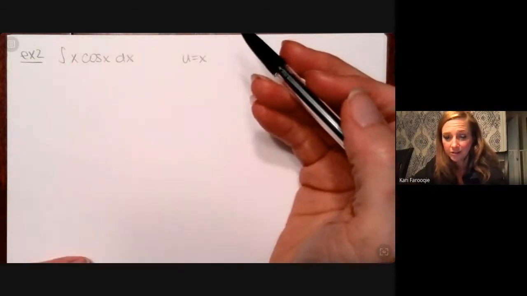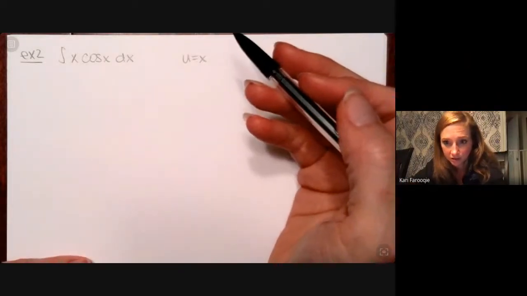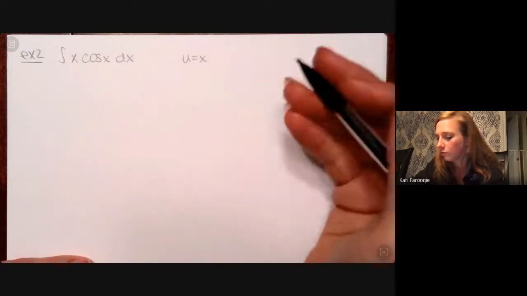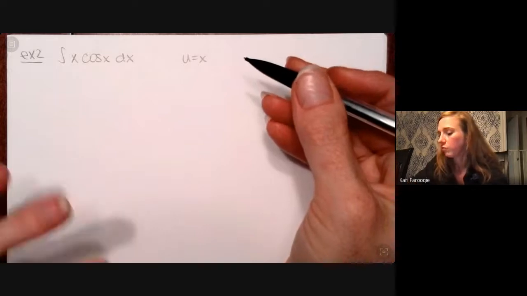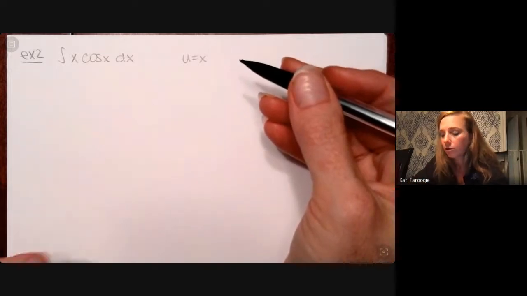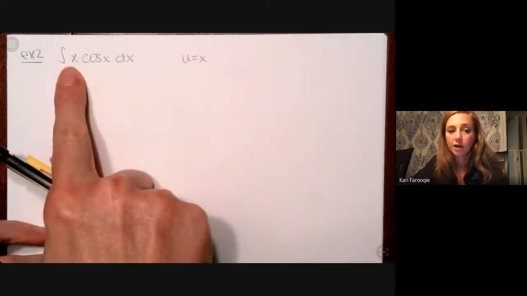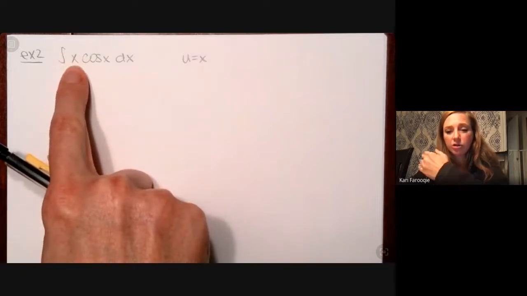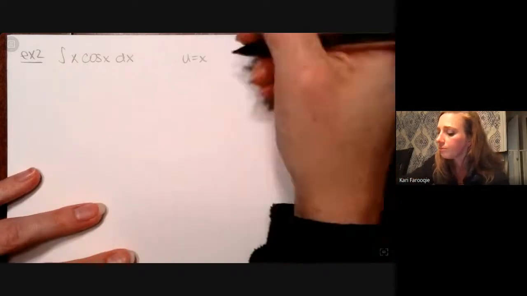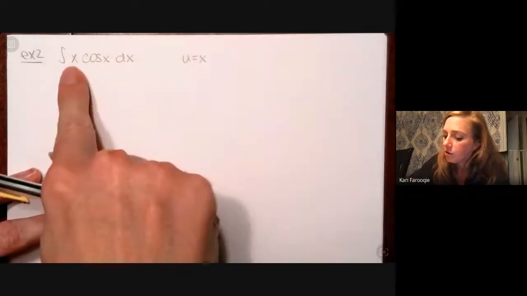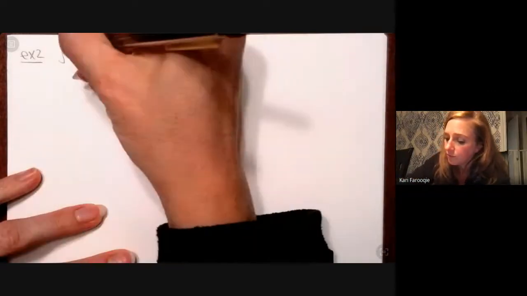It's not really any simpler. It's just going to be this cyclical situation, which you're going to see in a few minutes what we're going to do with a situation where we have no choice when we have functions that are cyclical. But in this case, we have an option here where a function has derivatives that eventually are going to head down to 0. So we're going to let our u portion be x.